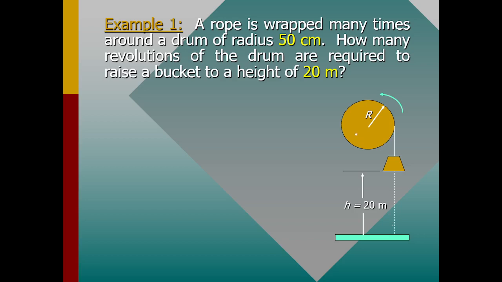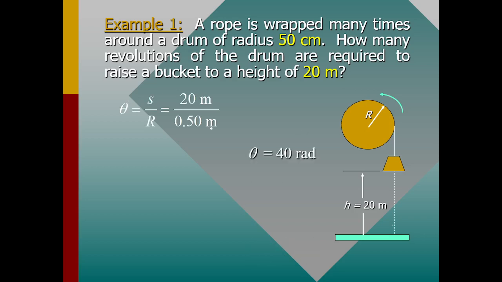So if the rope has moved 20 meters, then the arc length is also 20 meters. Even the height is 20 meters. Then the radius is something that won't change. It's still 50 centimeters.